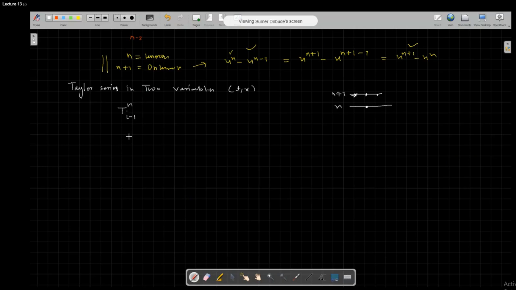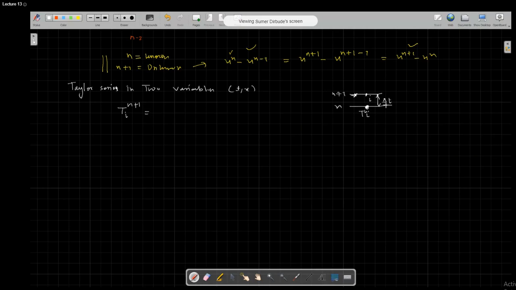So let us take one condition where only i remains the same, but n+1 is changing. So around this T_i^n, I want to find out T_i^{n+1}. So the only variable is delta t. Still, this is not a two variable problem.